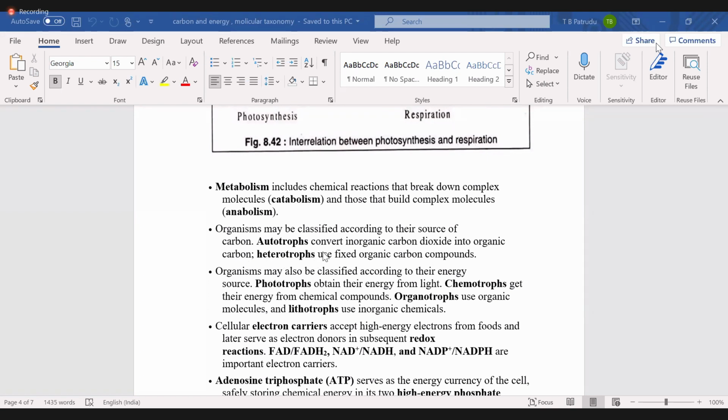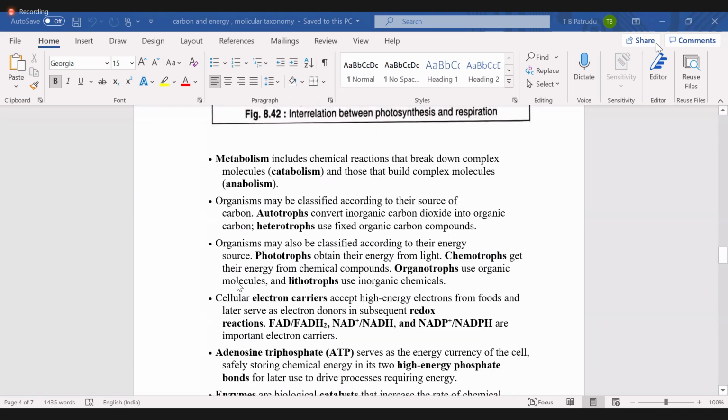Heterotrophs use fixed organic carbon compounds. Whatever carbon compounds are fixed in organic form, these are all used. Autotrophs are self-made, heterotrophs are dependent. Autotrophs are producers, heterotrophs are dependents or consumers.